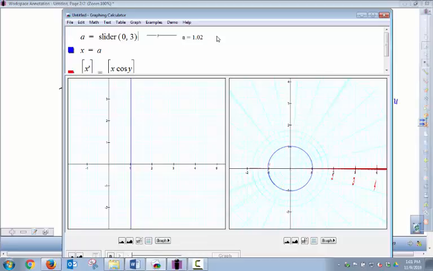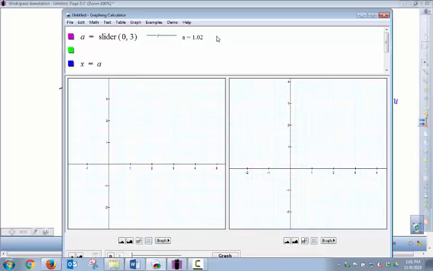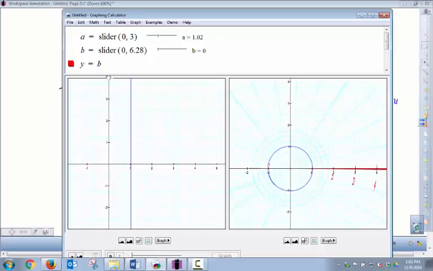So now let's have another graph going on. Let's get y equals b into this picture. Y is like the theta.